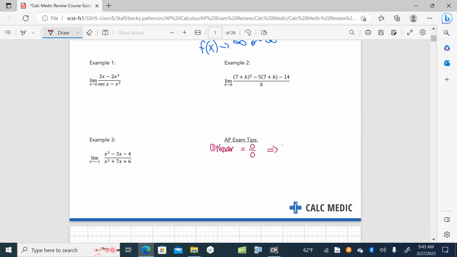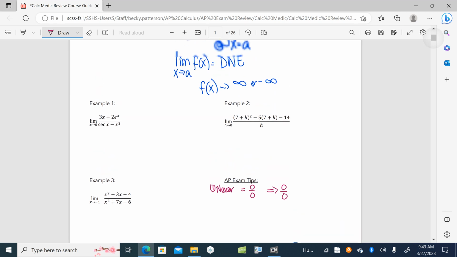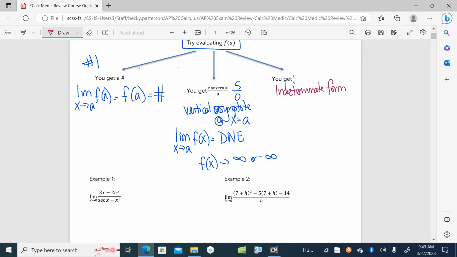Instead, you're going to write that it produces a 0 over 0, but you're never going to use equals 0 over 0. And we're going to talk about more specifics on that when we get to L'Hôpital's rule.